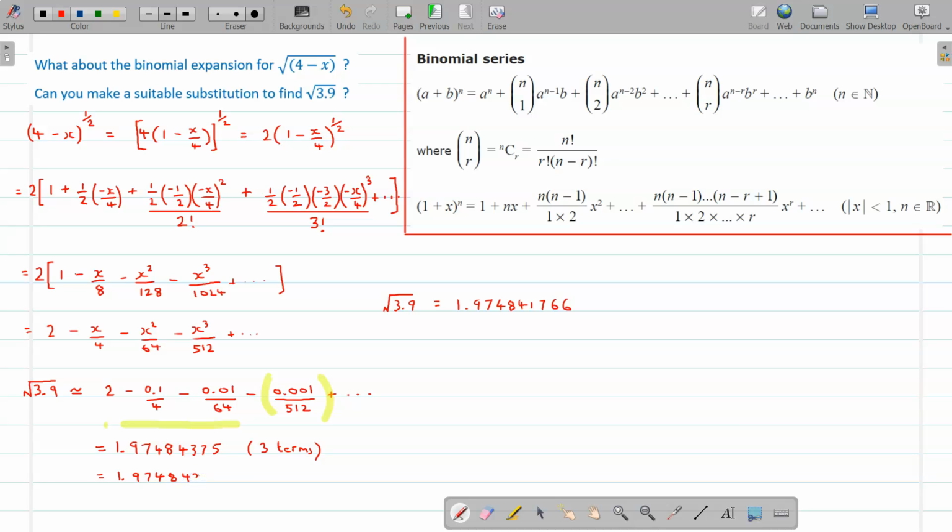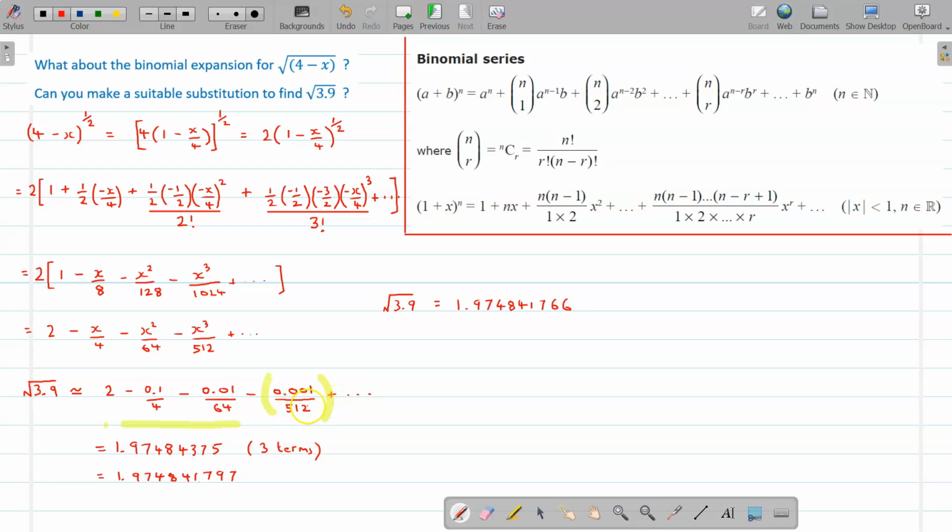In fact, no, it's 41797. So instead of ending with 66, it ends in 97. So you've actually got 1, 2, 3, 4, 5, 6, 7 decimal places of accuracy by using just the terms up to and including x cubed.